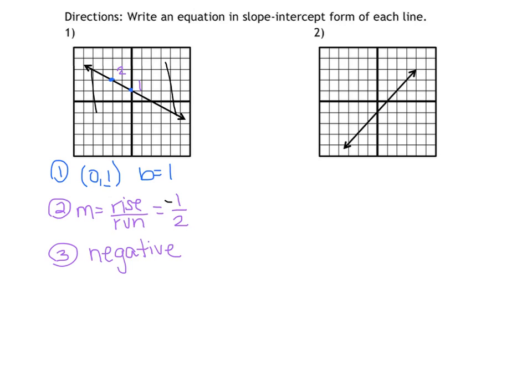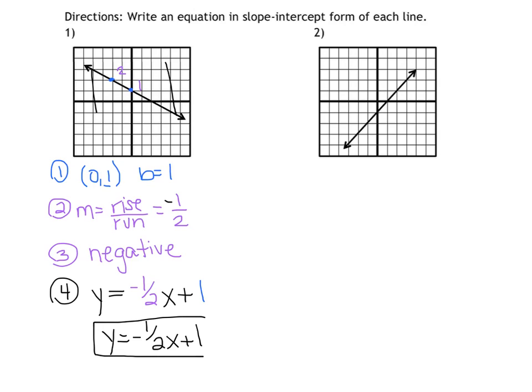Now, our last step is you want to put it all together into slope-intercept form. y equals, my m value is negative 1/2, x plus my b value is 1. Therefore, your slope-intercept form is y equals negative 1/2 x plus 1. This is the equation of the line on that graph.